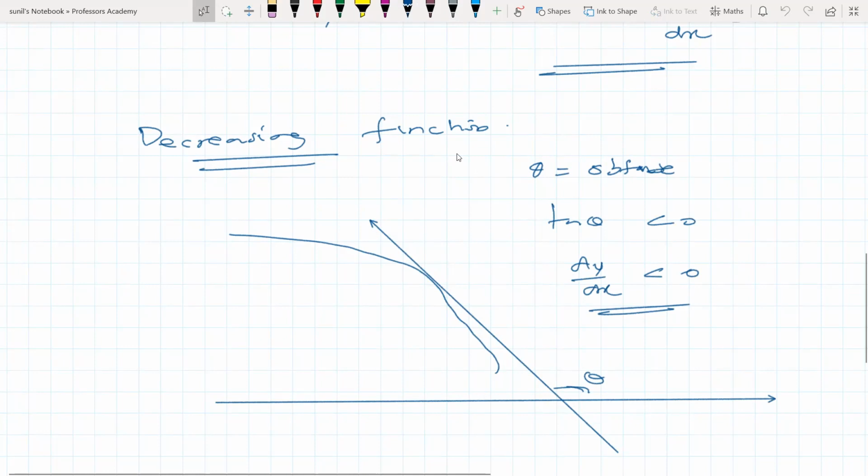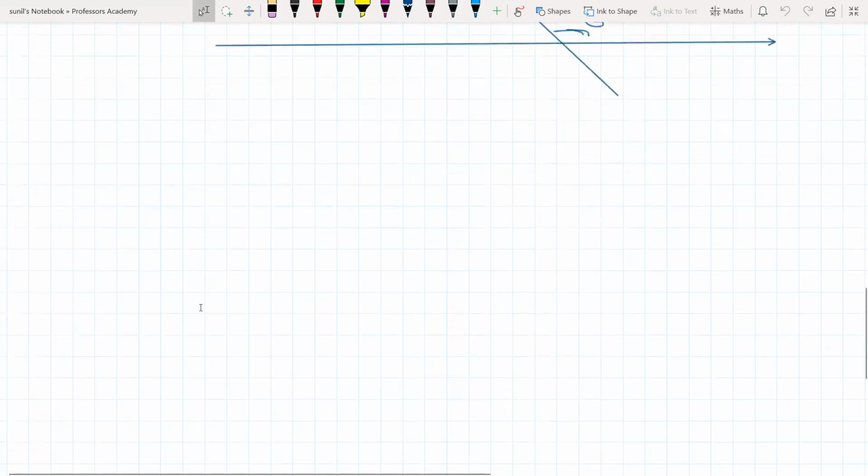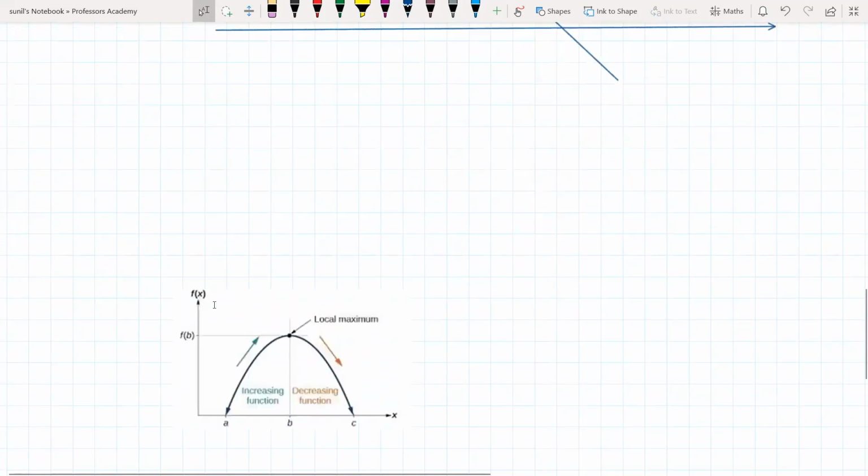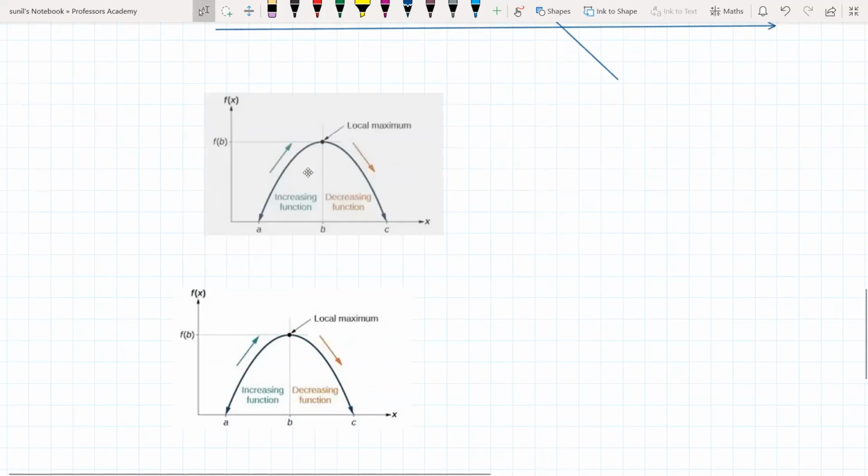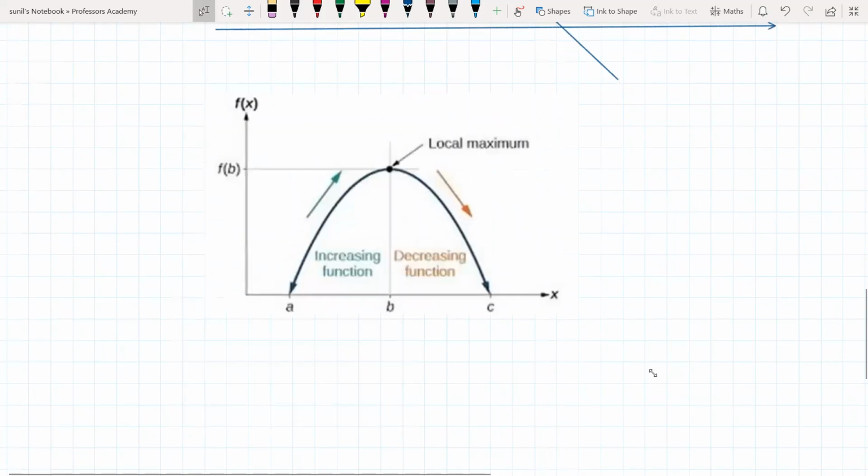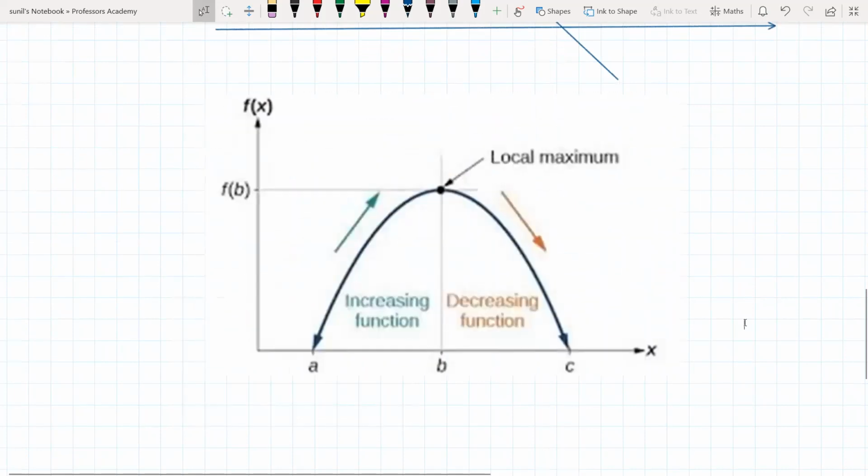Whenever the function is moving up and then coming down like this, whenever the graph is moving up, the derivative is positive here.